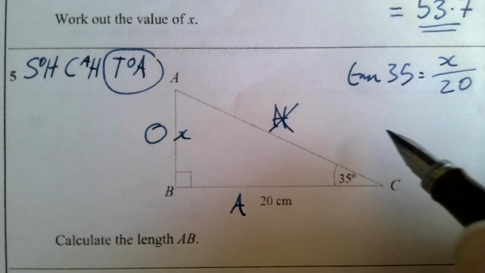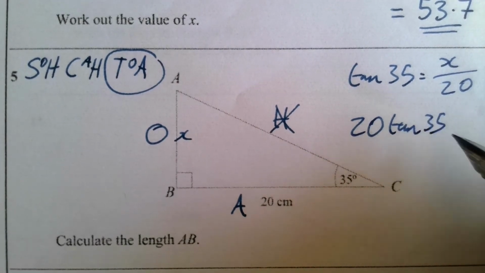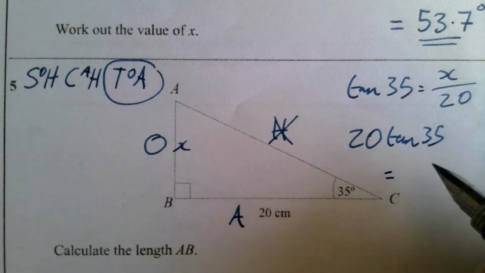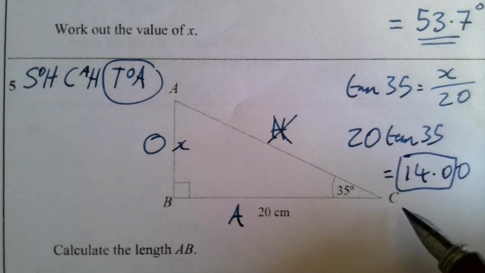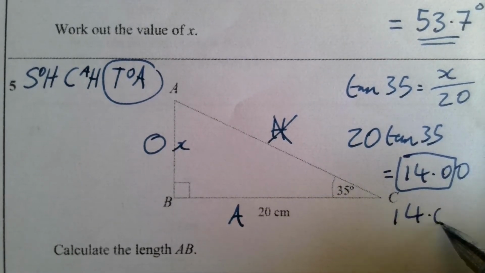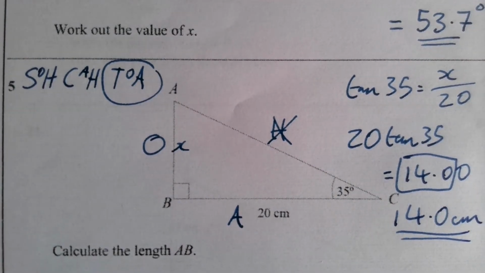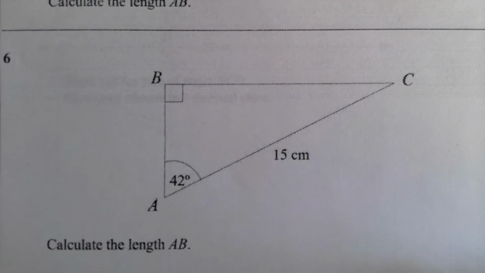I then multiply both sides by 20 and I get 20 tan 35 is going to be X, for which I have got 14.00, so put the box around, it's definitely staying down as 14.0 centimeters, and I do need to put that 0.0 in because it's not exactly 14 centimeters. Last one on the first page, pause it and have a go.